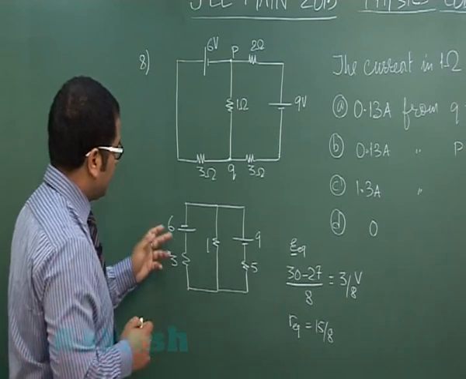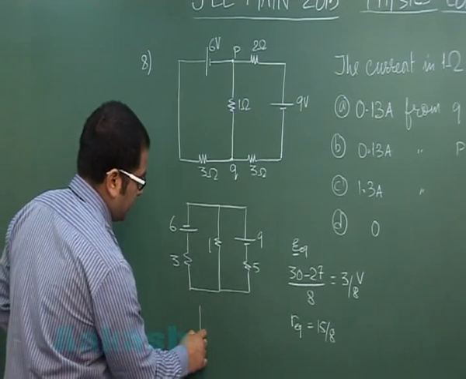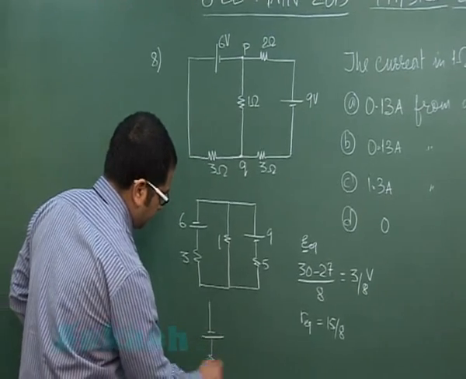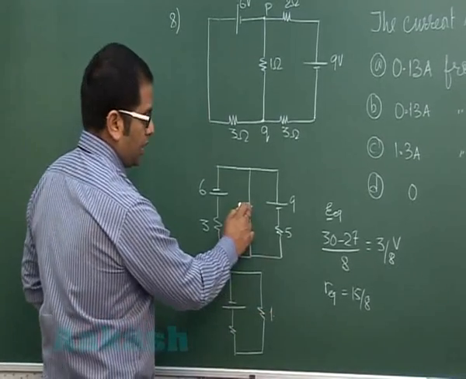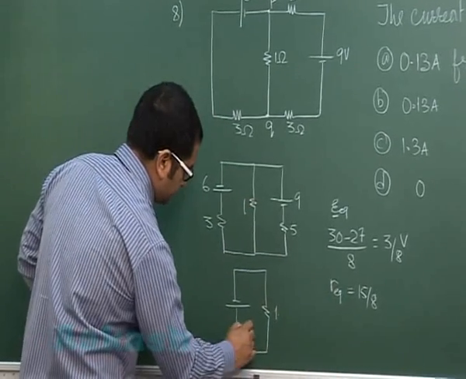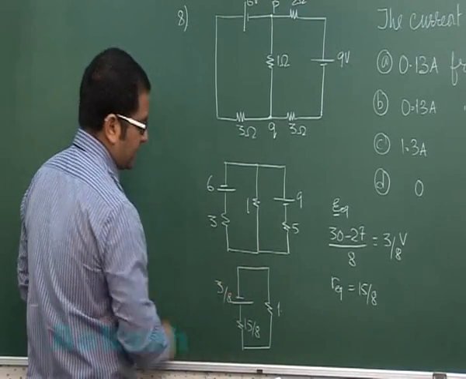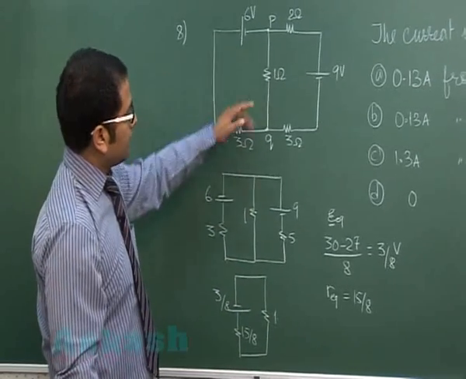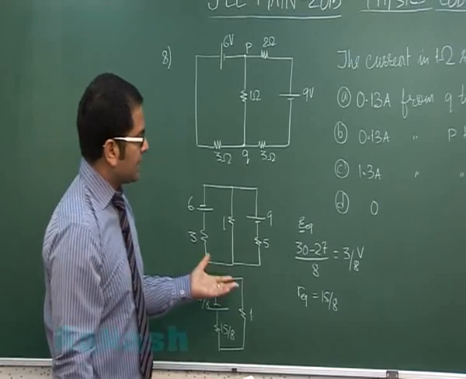We've already said this one wins in terms of polarity, so I can finally redraw it in this way. This is 1 ohm and 15 by 8 and 3 by 8. So quite obviously, now the current would go in this way, and from here that would be Q to P. So quite obviously this has already been solved.